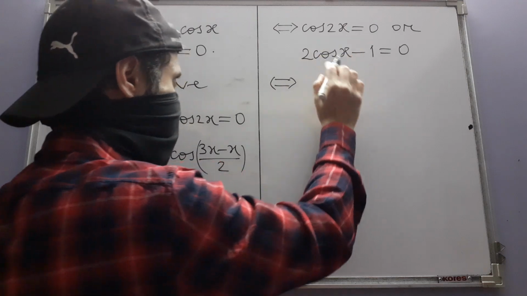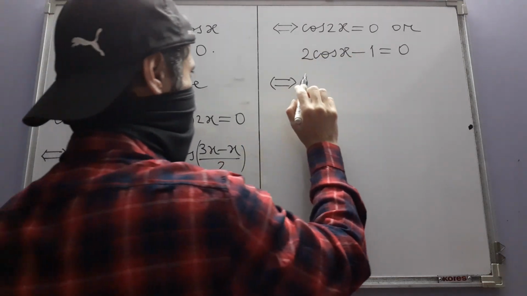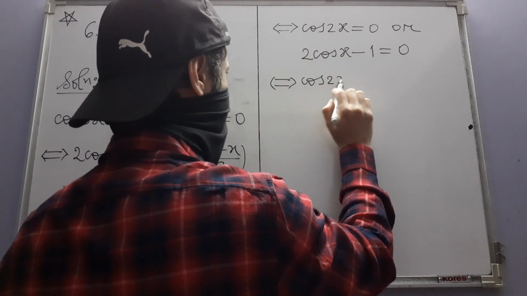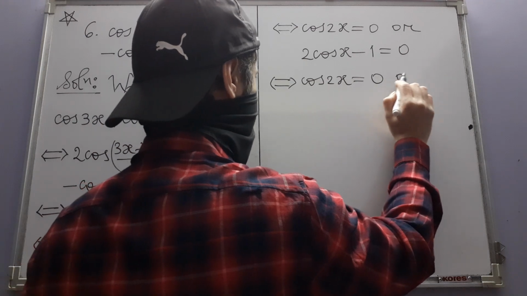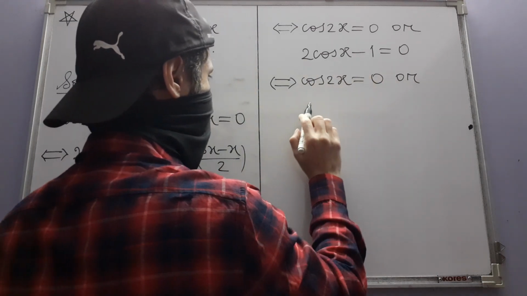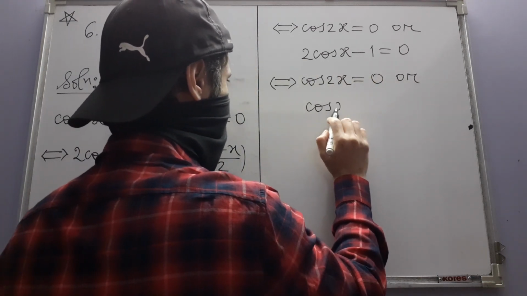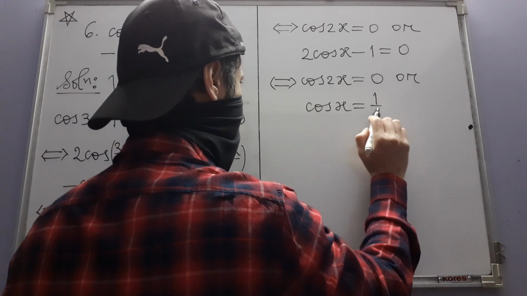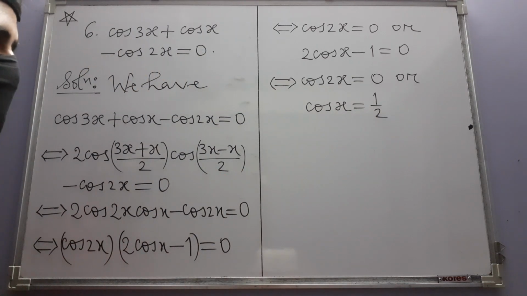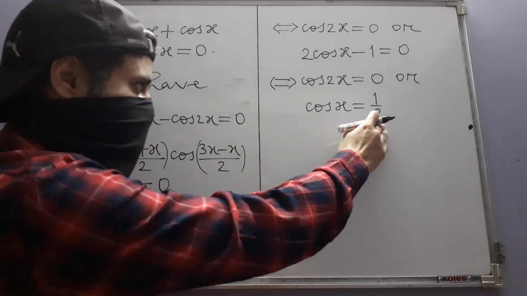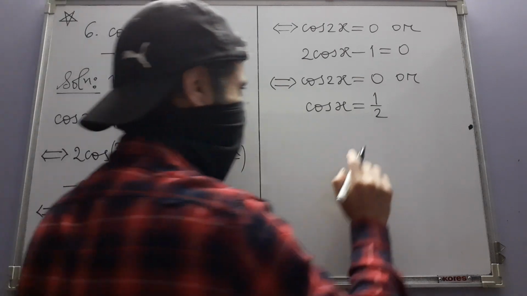Let me just keep this as it is for a moment. Cos 2x equals 0, or if you manipulate this second equation, you are going to get this. Now in order to solve this, you have to express this as a cosine.